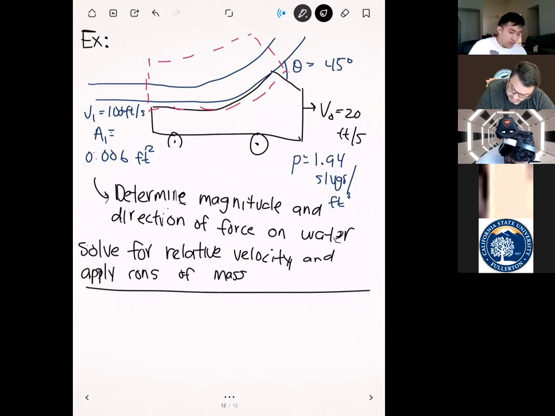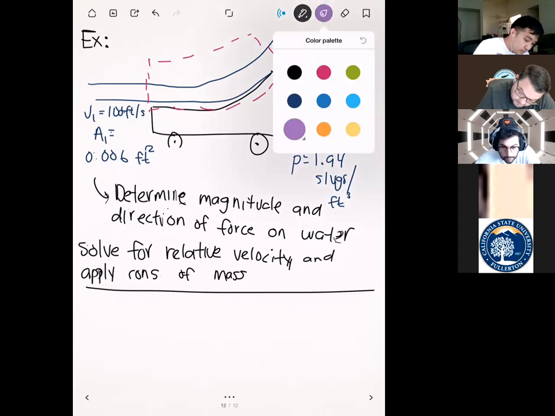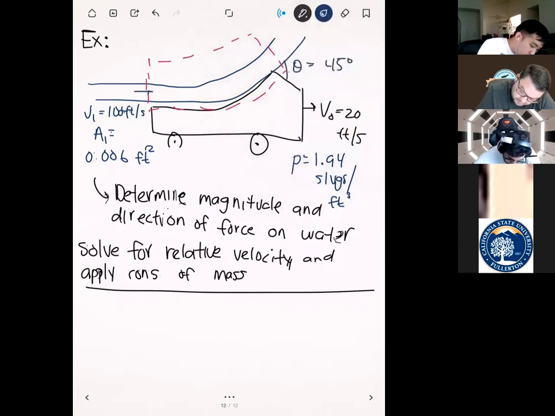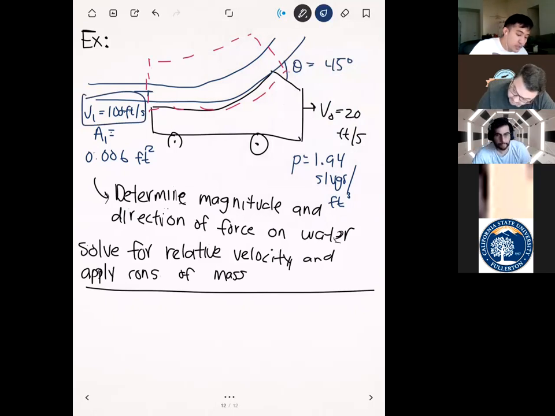We know the velocity of the water at the inlet is 100 feet per second, but we also know that the control volume is moving in the same direction at 20 feet per second.